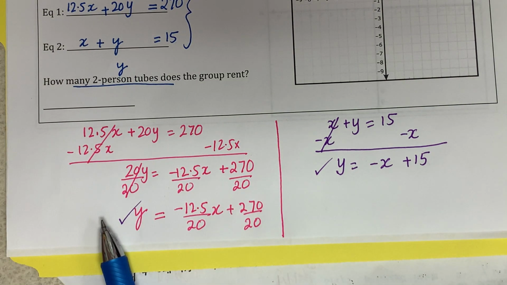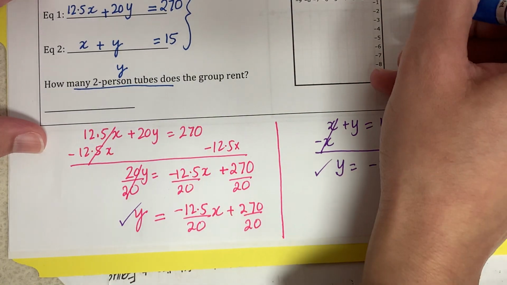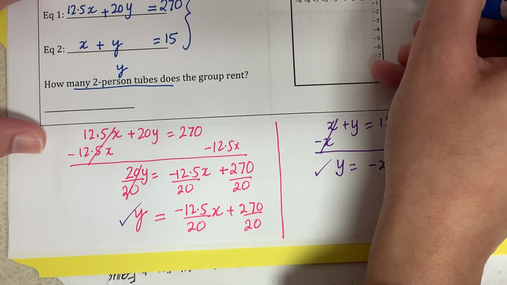So let's do that. Y equals negative x plus 15. Y equals negative 12.5 over 20x plus 270 over 20. So I use my calculator and I can see that my value actually is at x is 4 and y is 11.